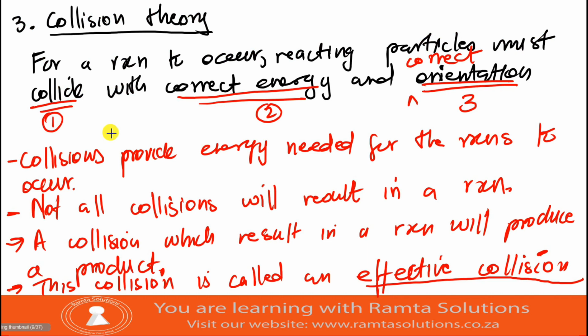Remember, this collision theory said that for a reaction to occur, reacting particles must collide with correct energy and correct orientation. So these collisions are providing the energy needed for the reactions to occur, and we know it is not all collisions that will result in a reaction, but there is a portion which will result in a reaction that will produce a product.